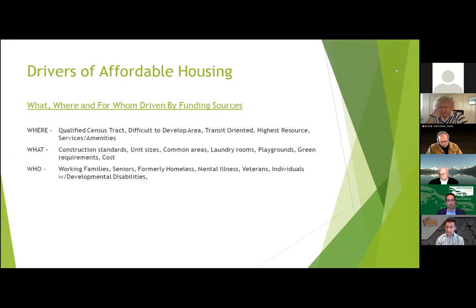To start with, at the very top level, because all of these use some form of low-income housing tax credit, there's something called a Qualified Allocation Plan, a QAP. The QAP by the Tax Credit Allocation Committee changes from year to year, sometimes small changes, sometimes big changes. But in that, it dictates and drives where they want the housing to be.